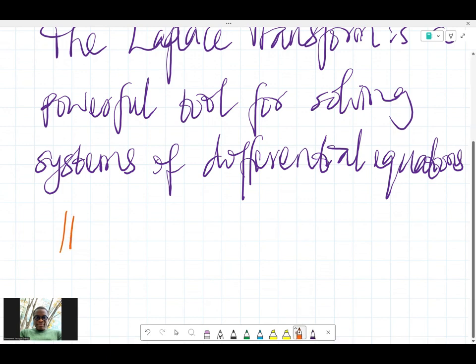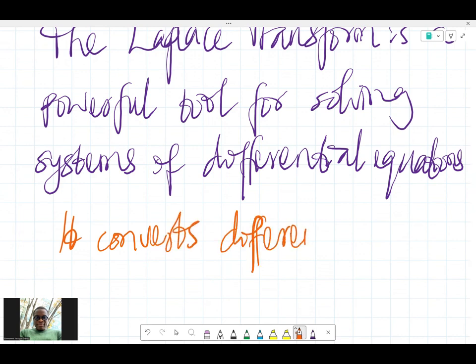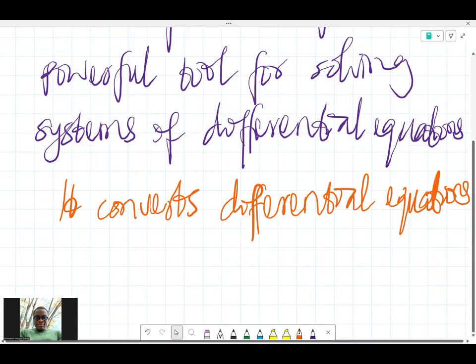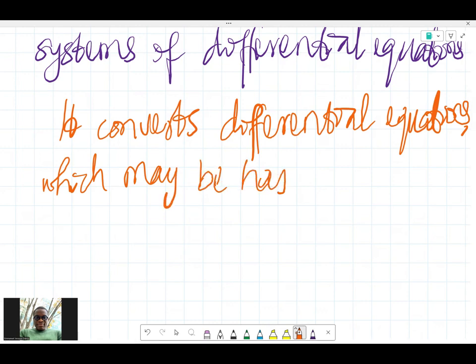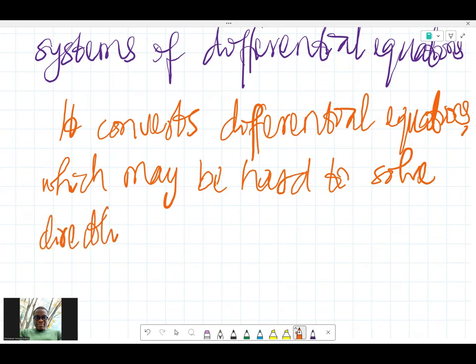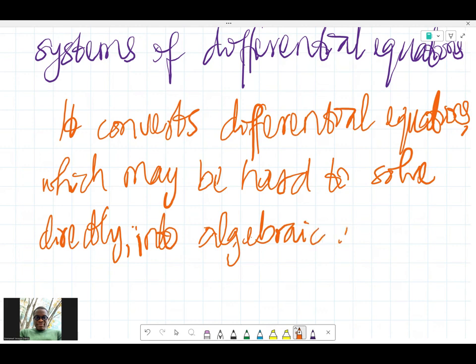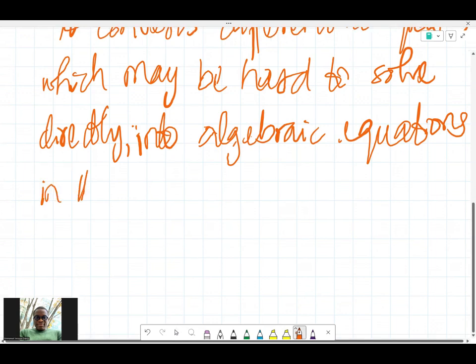So as we know, it converts differential equations, which may be hard to solve directly, into algebraic equations in the Laplace domain.